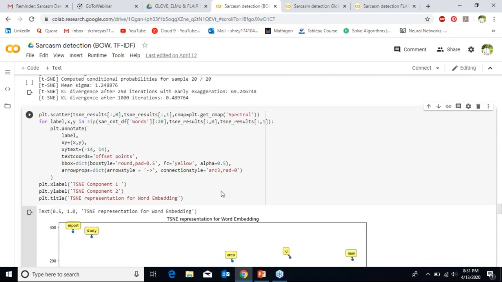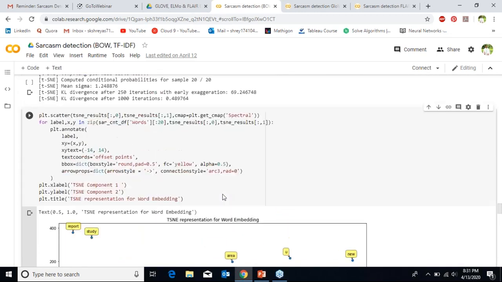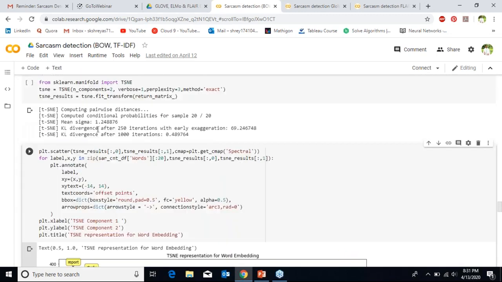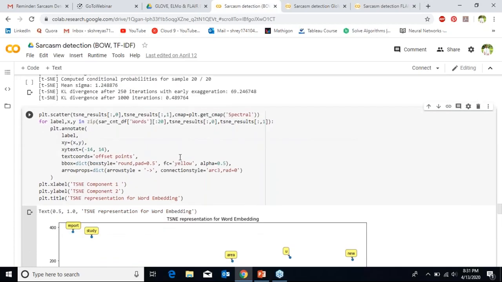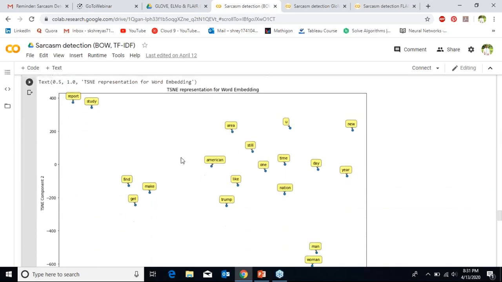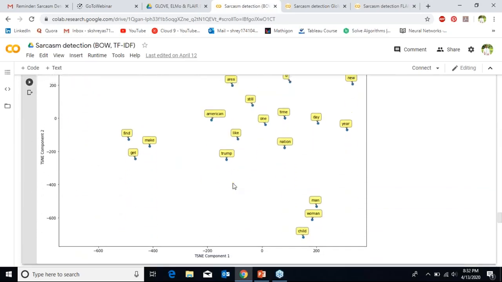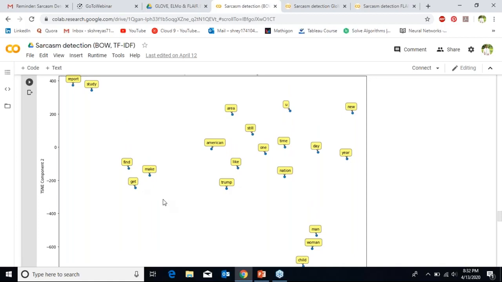When I used the TSNE plot, you can see the KL divergence after 250 iterations is 69, and after 1000 iterations it has reduced to 0.48. Here you can see how each and every word is represented far from each other, giving a clear picture.